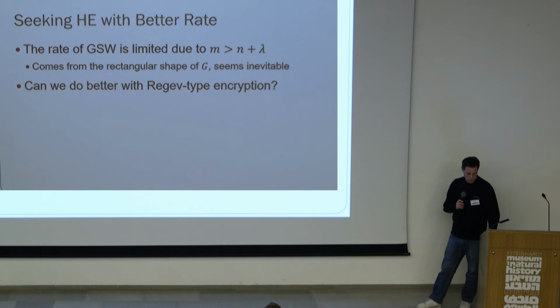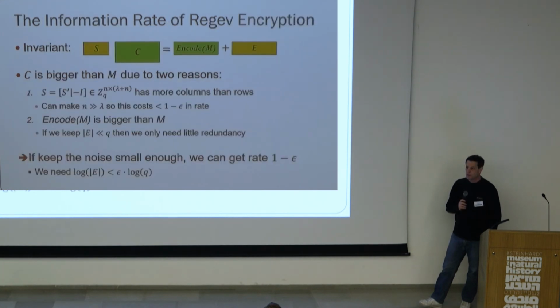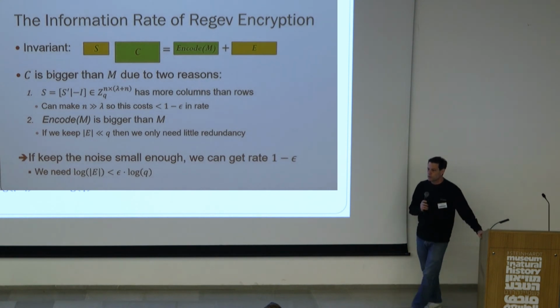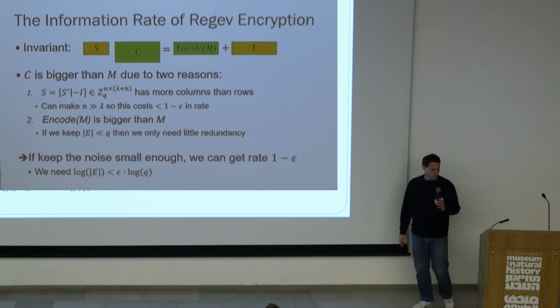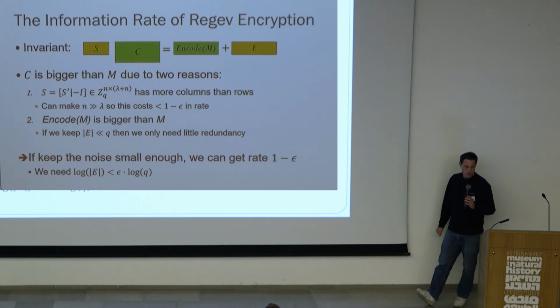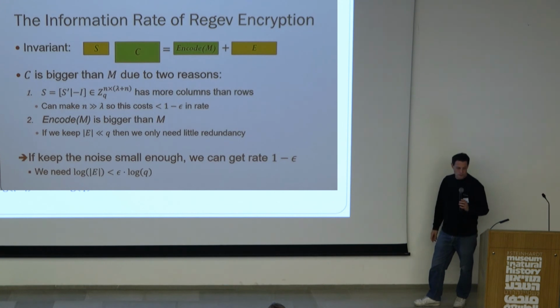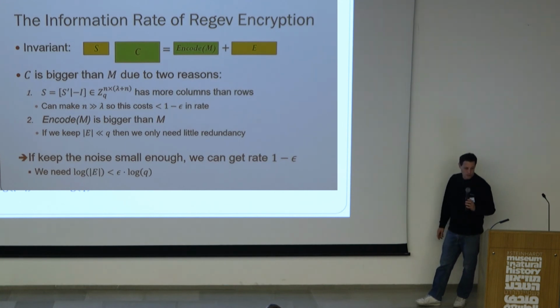So can we do better with Regev-type encryption? Let's look at the inefficiency of a Regev encryption. So here's the invariant: secret key times ciphertext equals an encoding of M plus noise. And there are 2 reasons why the ciphertext is bigger than the plaintext.